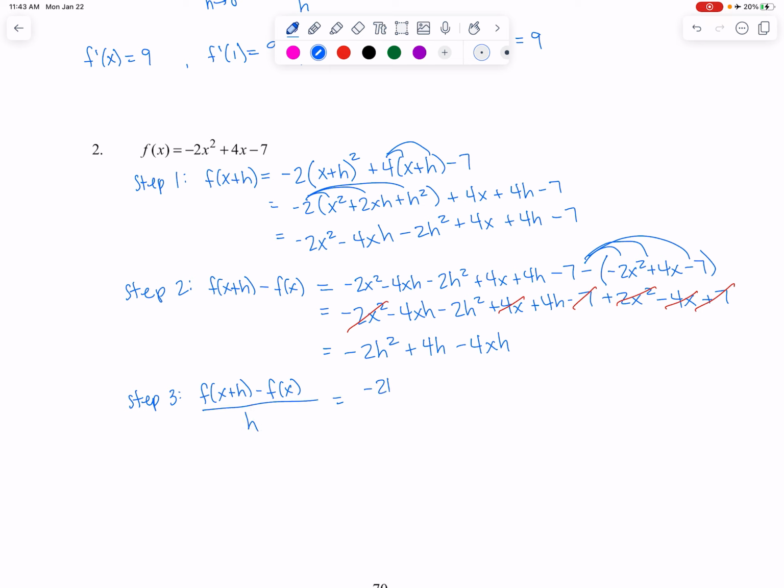So negative 2h squared plus 4h minus 4xh over h. One of those, one of those, one of those, one of those. Everything loses an h. Negative 2h plus 4 minus 4x. And then you take the limit as h goes to 0.